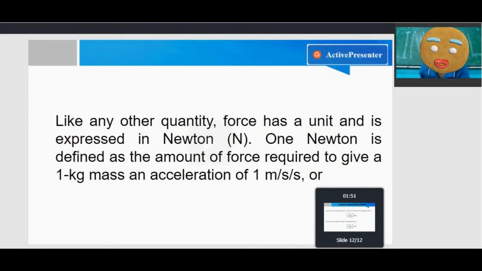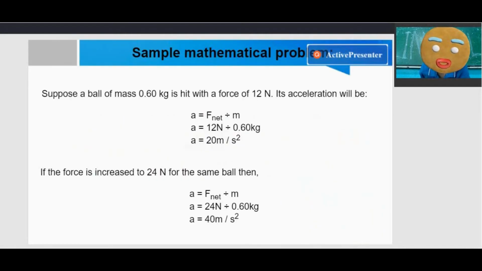Okay? So here, I have an example word problem. Suppose a ball of mass 0.60 kilogram is hit with a force of 12 Newton. Its acceleration will be, using the equation A is equal to F net divided by M. So we substitute.